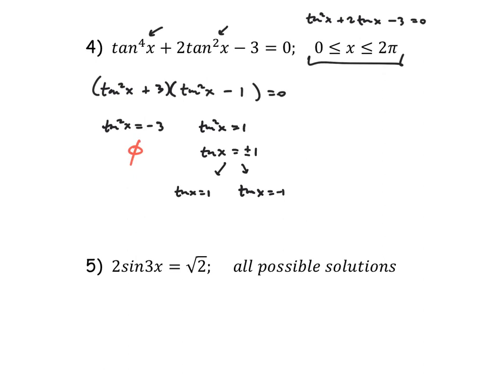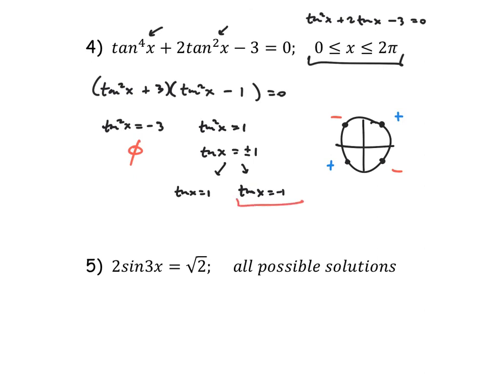Now within 0 to 2 pi, tangent, this is great. Anytime you get a ratio of 1 on tangents, tangent is positive here and here, and it's negative here and here. So pi over 4 or some factor of pi over 4 is where we get tangent equal to 1 or negative 1.